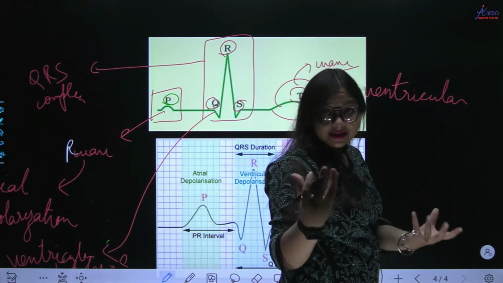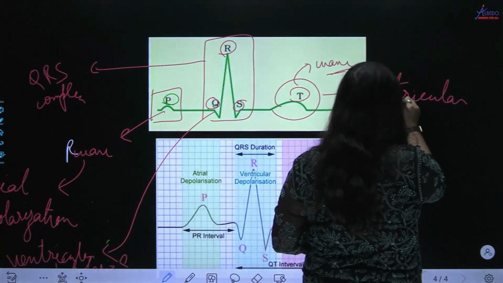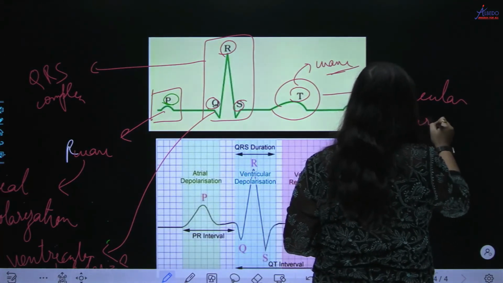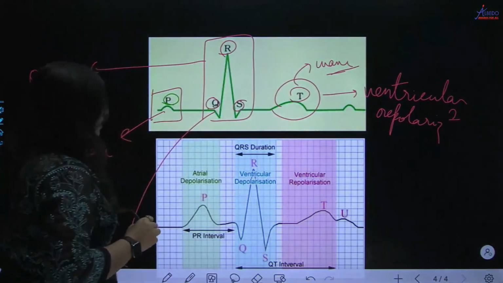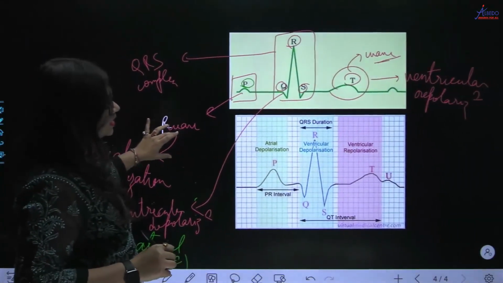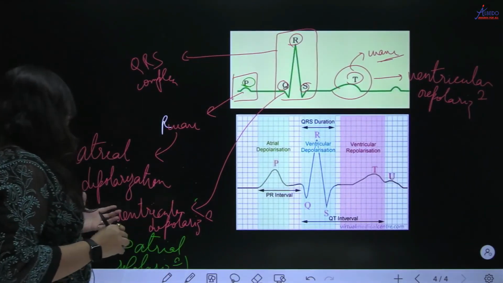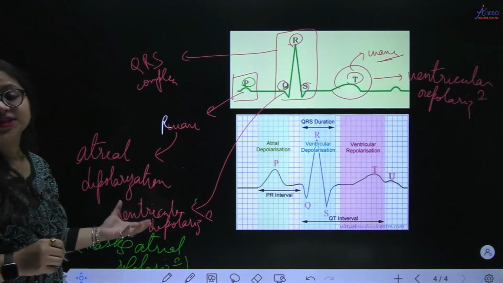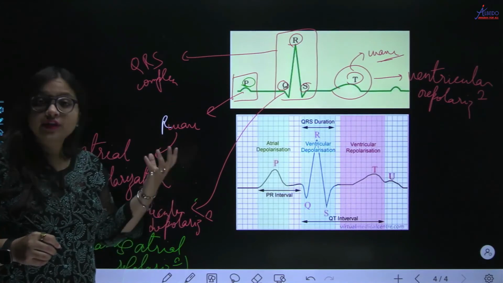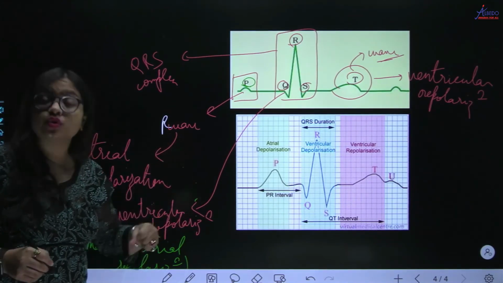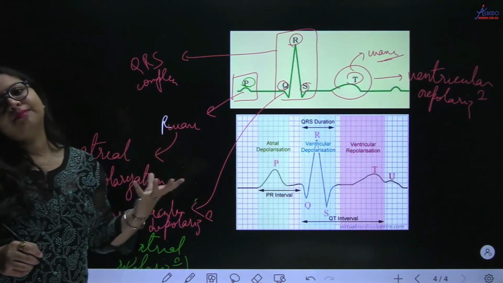Repolarization means diastole. Okay, ventricular repolarization. Okay, so you will ask, ma'am, where did atrial repolarization go? So you have to understand that atrial repolarization is masked by QRS complex, which represents the ventricular depolarization. Why? Because ventricular depolarization and atrial repolarization, that is ventricular systole and atrial diastole, happens at the same time.